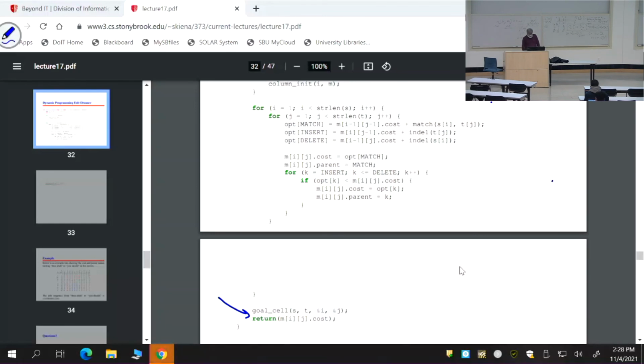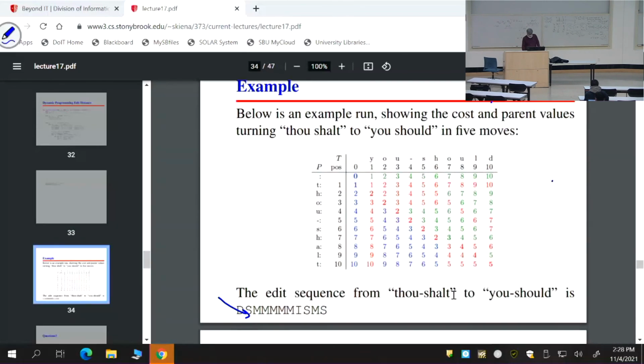Now for the edit distance one, what is the cell that contains the end of matching the entire strings? This one. Do we agree? For the edit distance of editing the whole string into the whole string, okay, this is the optimal cell.